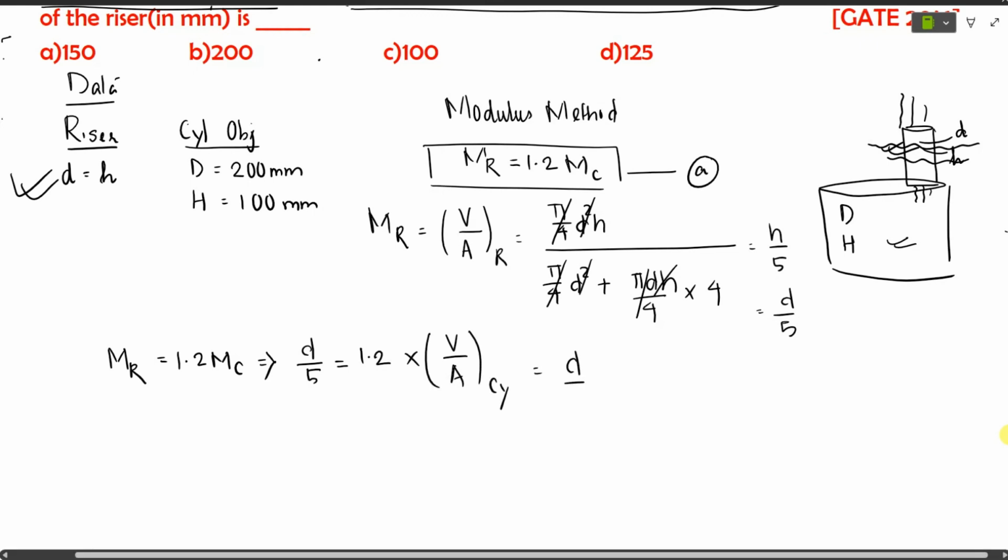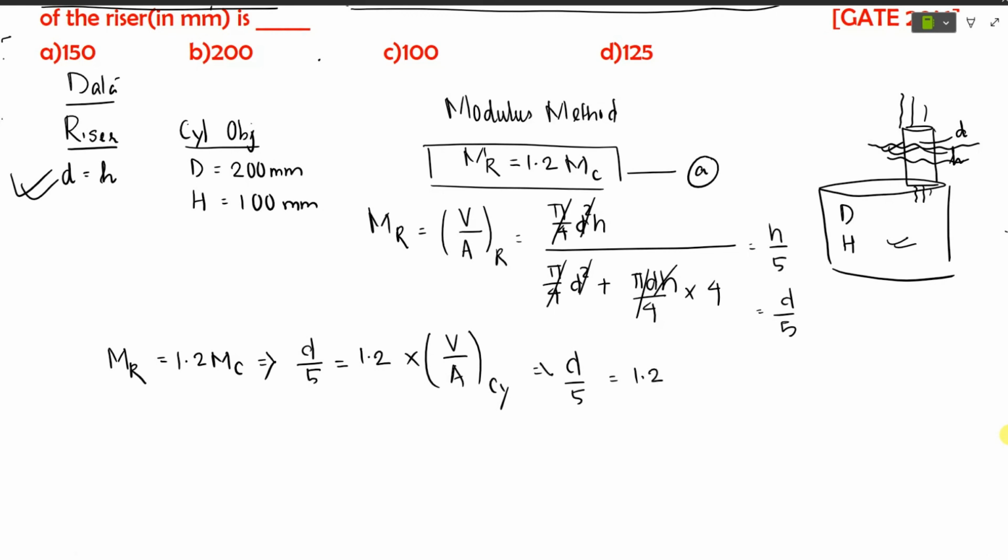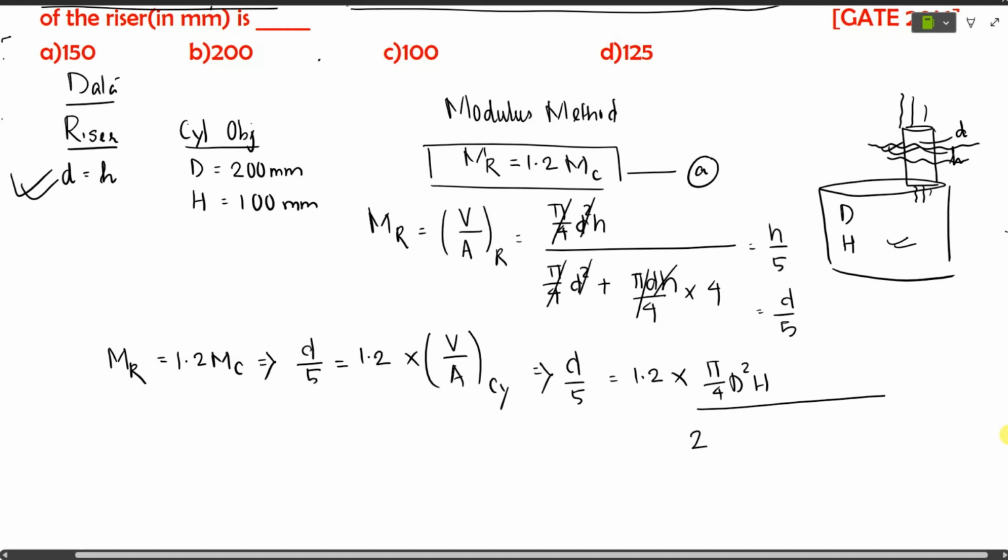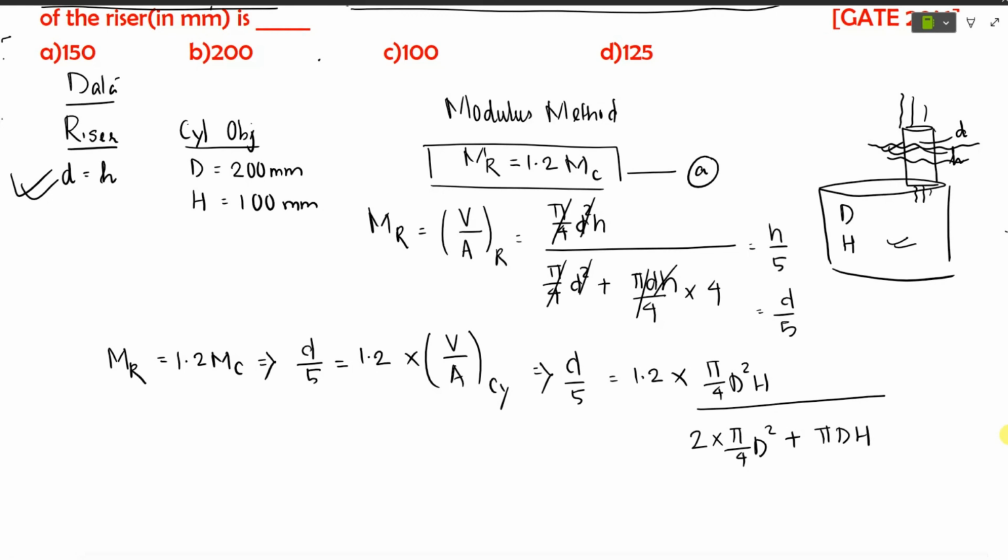So d/5 will be equal to 1.2 into the volume of the cylinder, which will be π/4 d² h by, if we talk of area, 2 circular areas, so 2 into π/4 d², plus 1 curved surface area, so π d h.